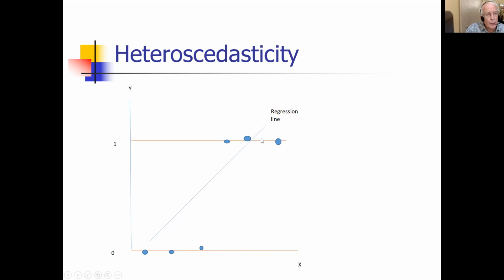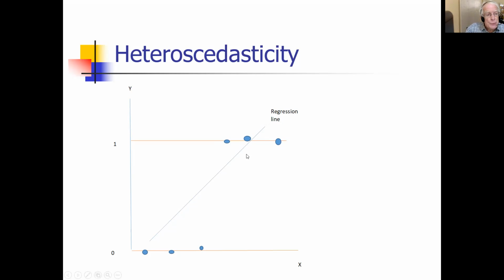When x is high, our values on the regression line are close to the actual values of the dependent variable.